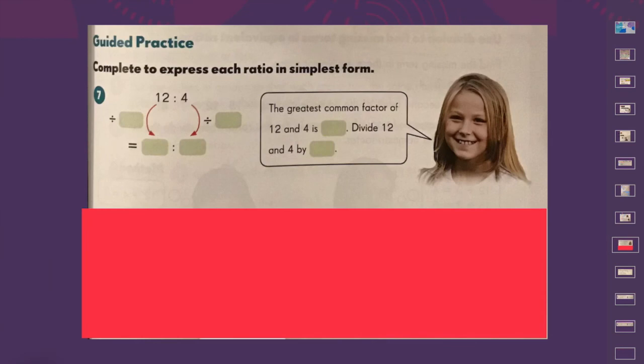Let's try another one together, and then I'll let you try one on your own. So if we had the ratio 12 to 4, and we wanted to write it in its simplest form, the first thing we need to do is find the factors for the first term. So let's list the factors for 12.